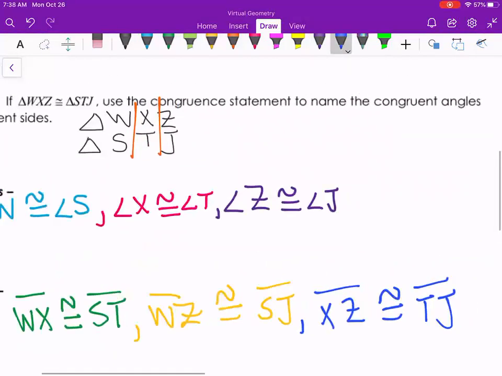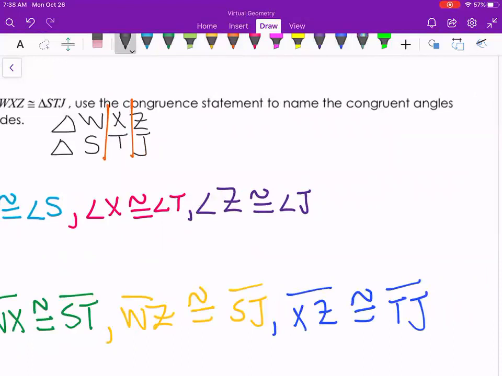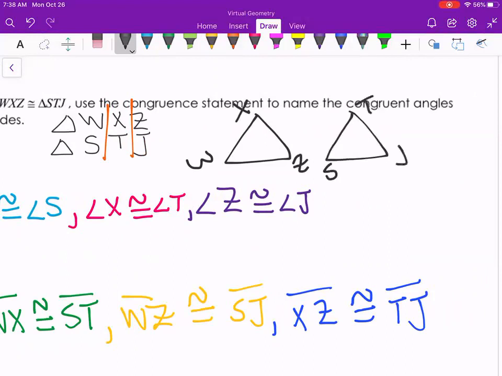Now, you can always draw a picture and use that to help find all of your missing pieces as well. Just make yourself two triangles, W, X, and Z, S, T, and J, and then place your markings in there.